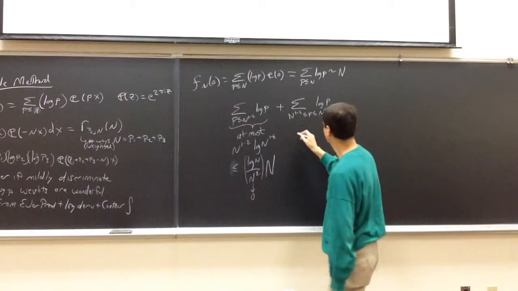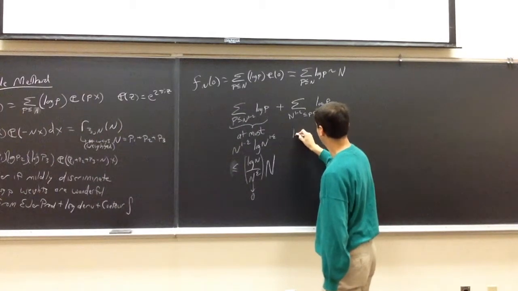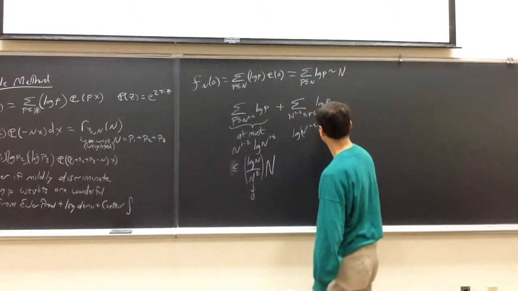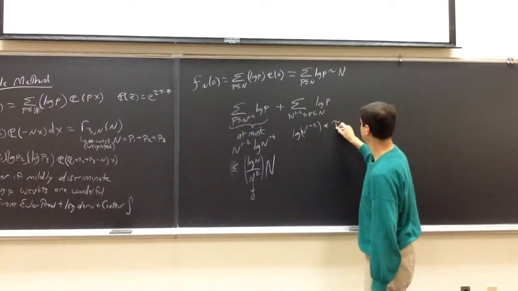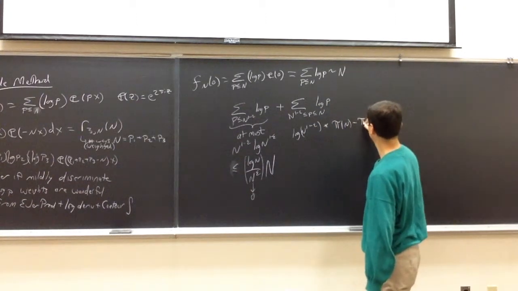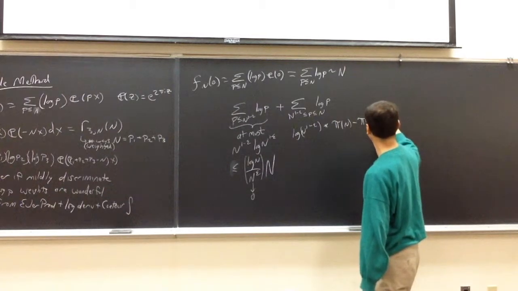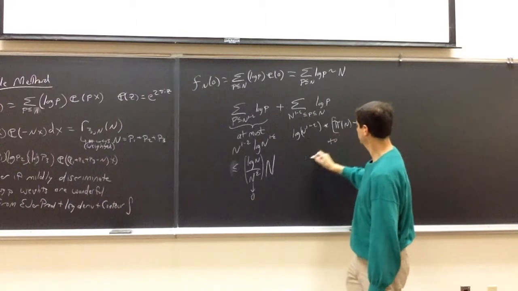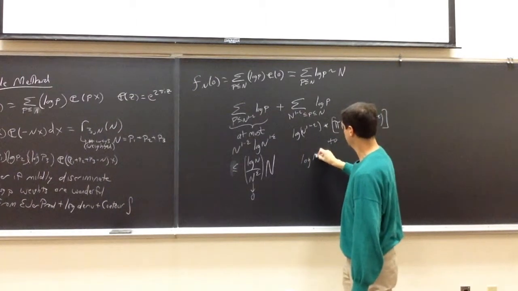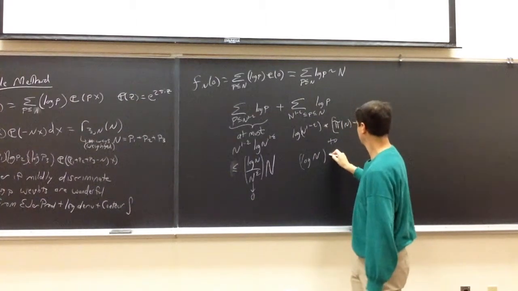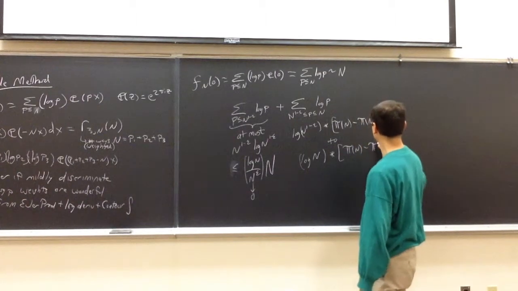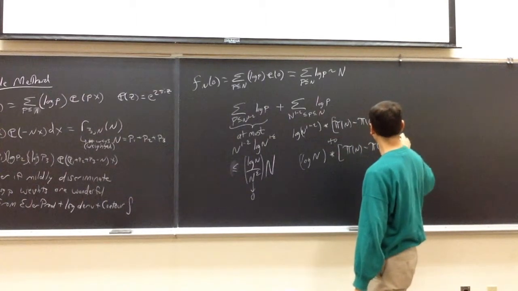So it's going to go from log of n to the 1 minus epsilon times the number of primes up to n minus the number of primes up to n to the 1 minus epsilon, to log of n times the number of primes up to n minus the number of primes up to n to the 1 minus epsilon.